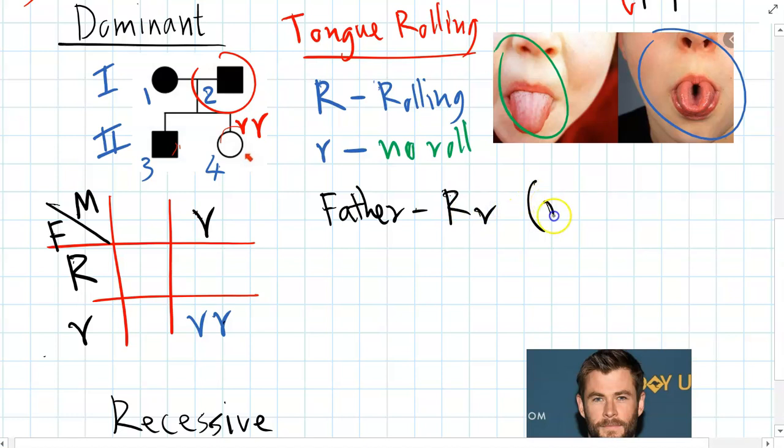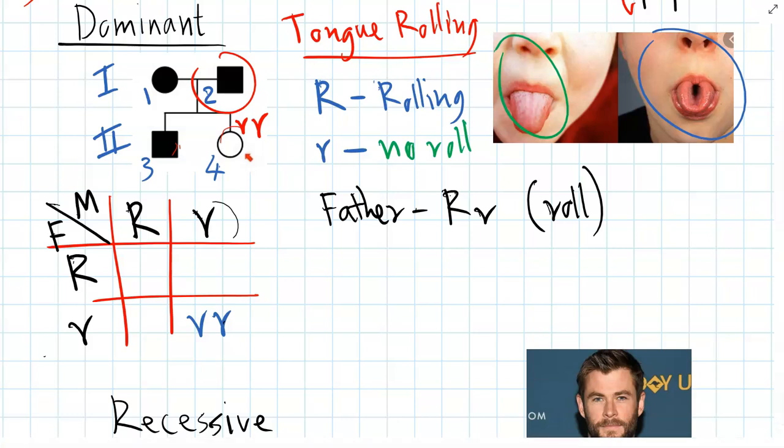So his genotype is heterozygous and he can roll his tongue. The mum, she's exactly the same. She must have one small r allele and one big R allele, because that's the only way that she can roll her tongue, but still have a daughter who can't roll her tongue.